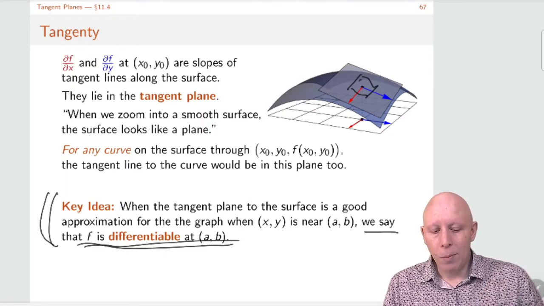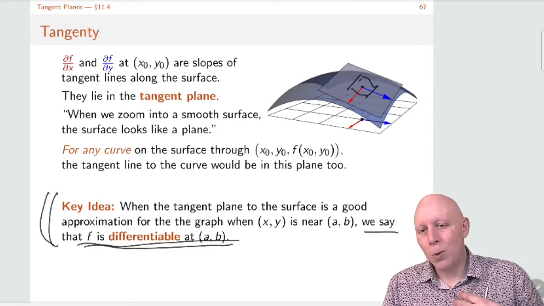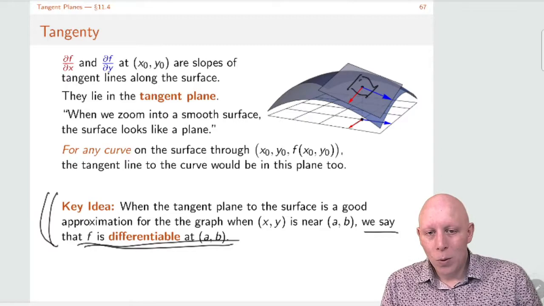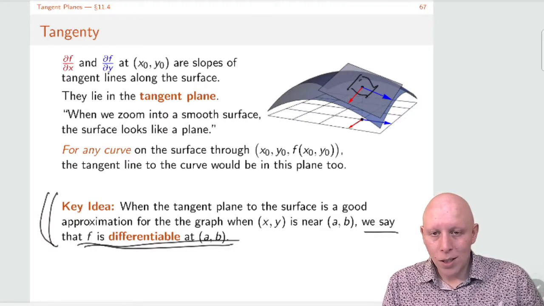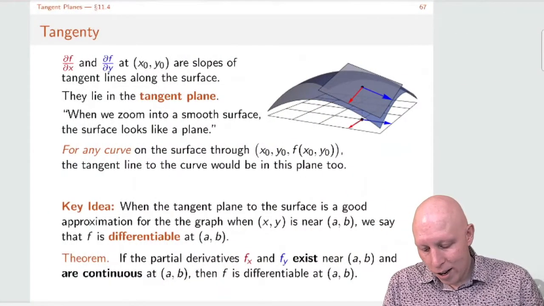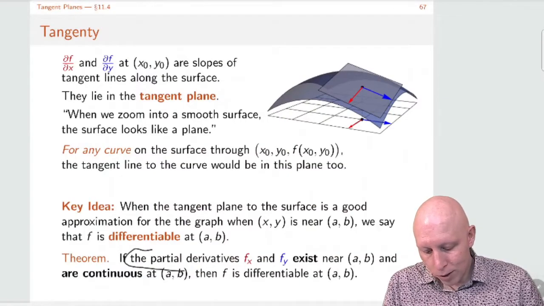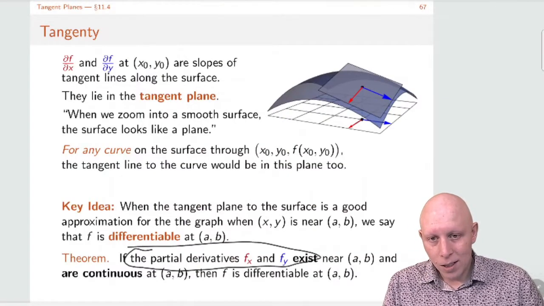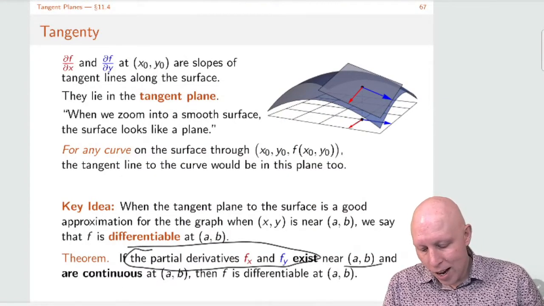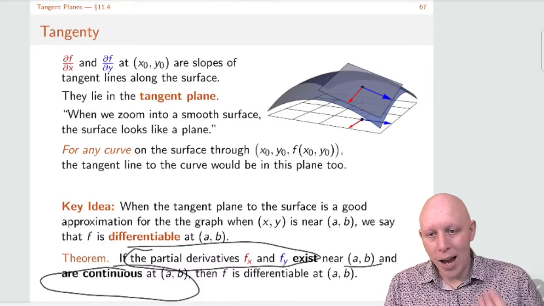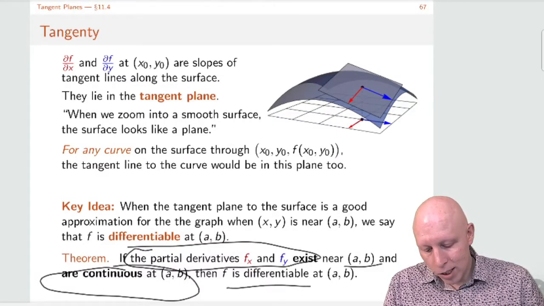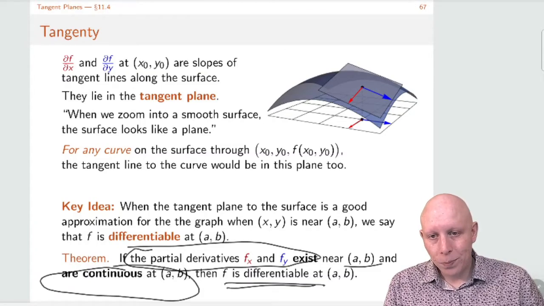So how are we going to prove that things are differentiable? The shortcut we're going to use is to say, if both partial derivatives exist near AB and they're continuous at AB, that's when we're going to say that the function is differentiable.